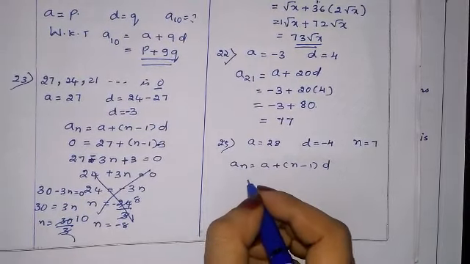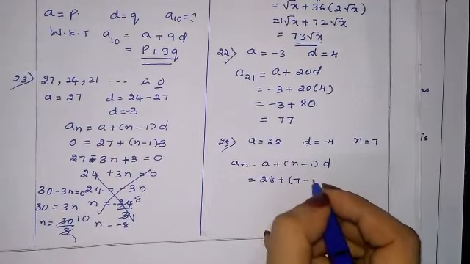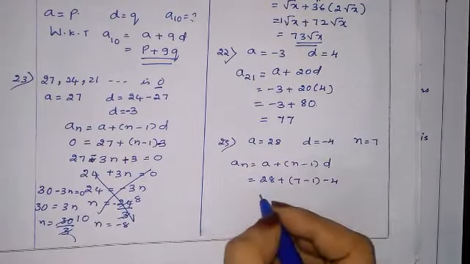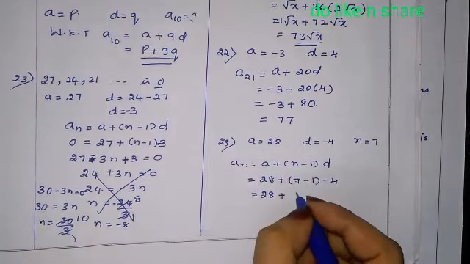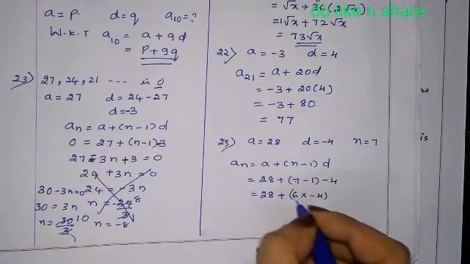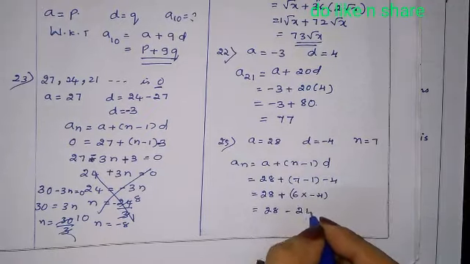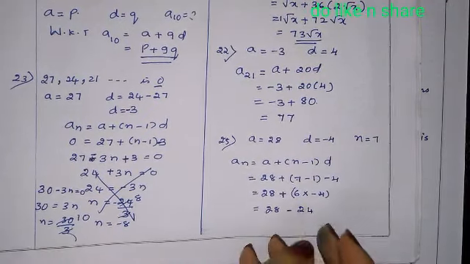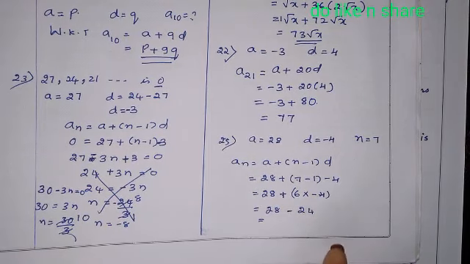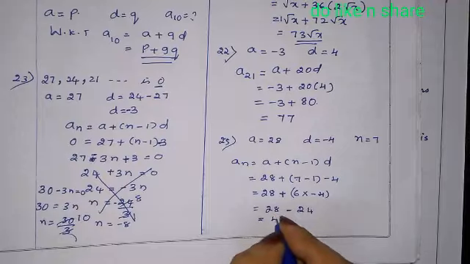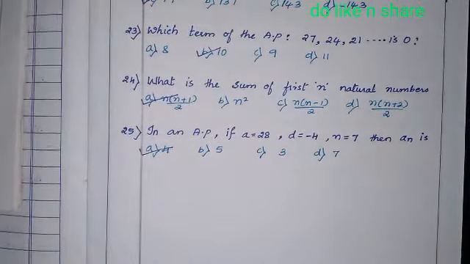We have to find an: 28 plus n, 7 minus 1, d is minus 4. Okay, 28 as it is plus 7 minus 1 is 6 into minus 4. 6 fours are 24, which is 28 minus 24. 25, 26, 27, 28. 4. The answer is 4. Yes, A, 4 is the correct answer.